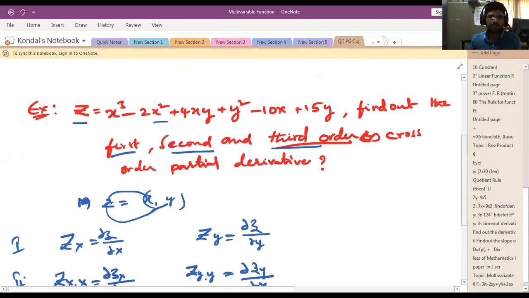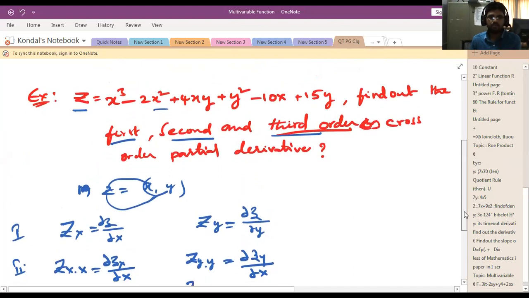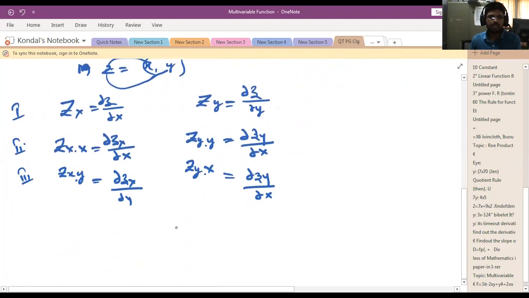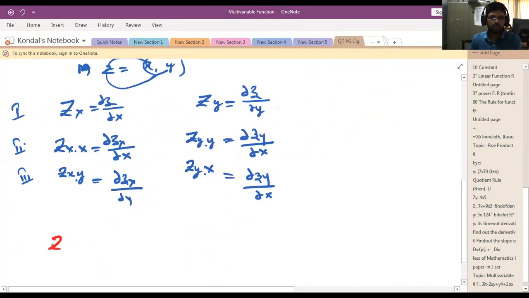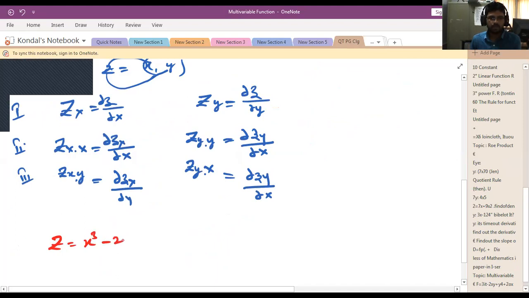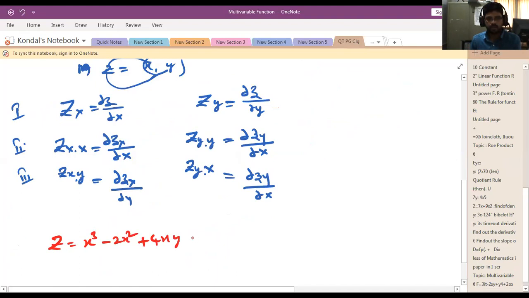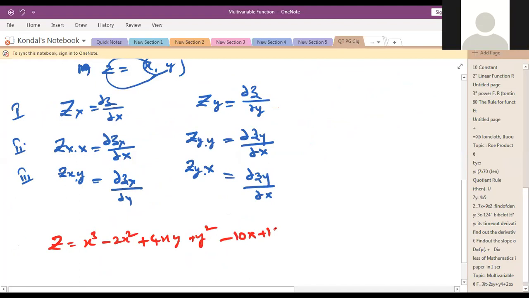The first order we can do. Again I'm going to take the values: z is equal to x cube minus 2x square plus 4xy plus y square minus 10x plus 15y.